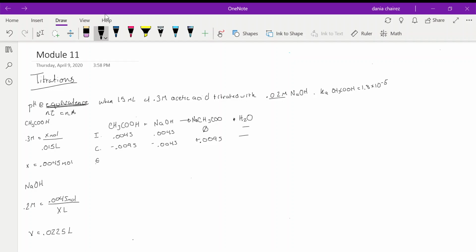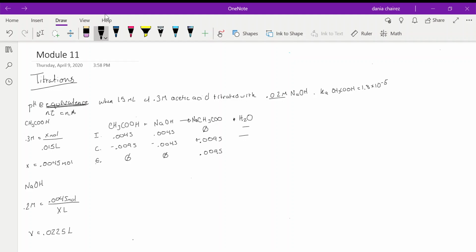So then finally you have 0, 0, and 0.0045. And this is what I mean by we can't use Henderson-Hasselbalch here, because with Henderson-Hasselbalch you do your concentration of your conjugate base over your acid, and you can't divide by 0, your computer will explode.